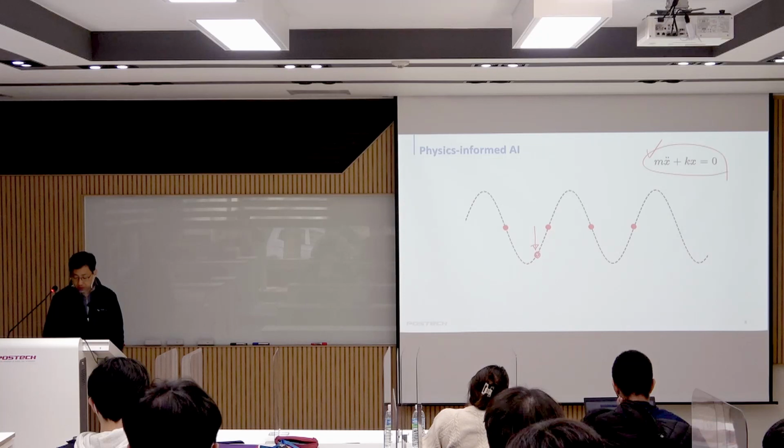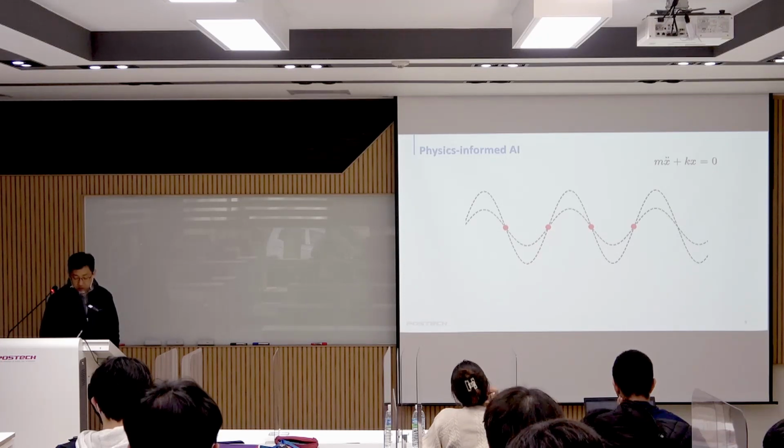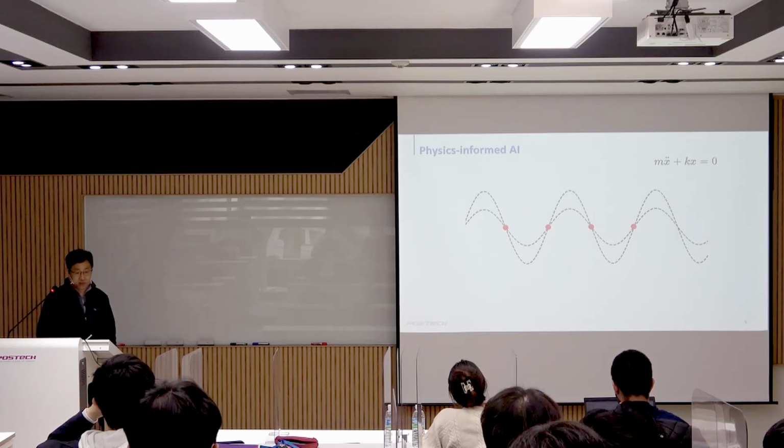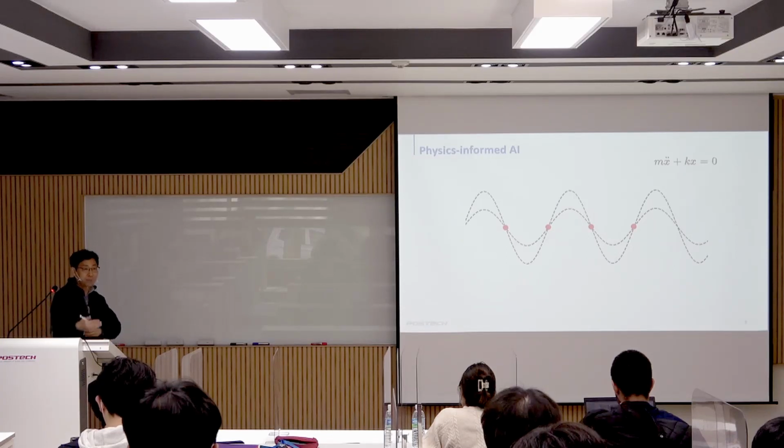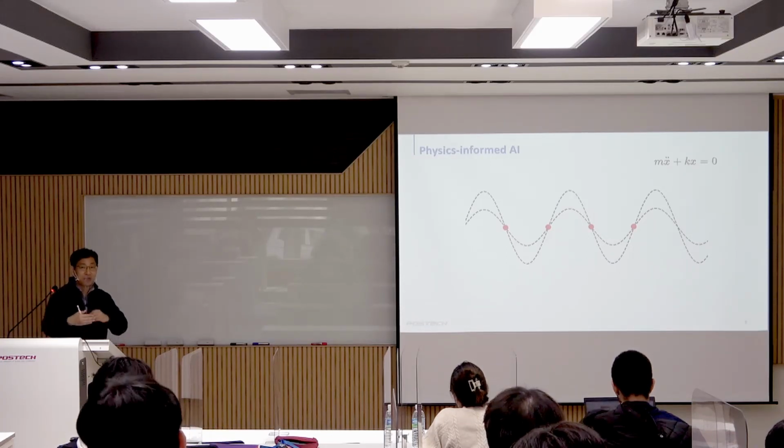Okay. And for the oscillation, this one could be one representation, and this one could be another. But you know that in differential equations, in order to get the exact solution, we might need extra information, like boundary and initial conditions.